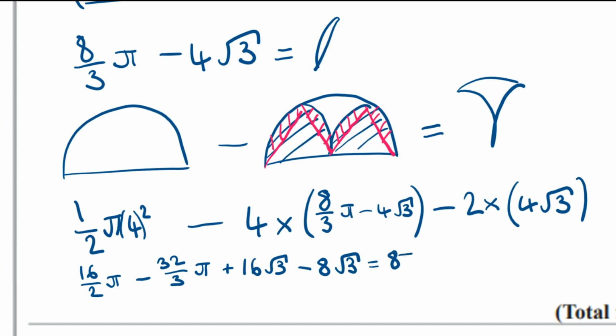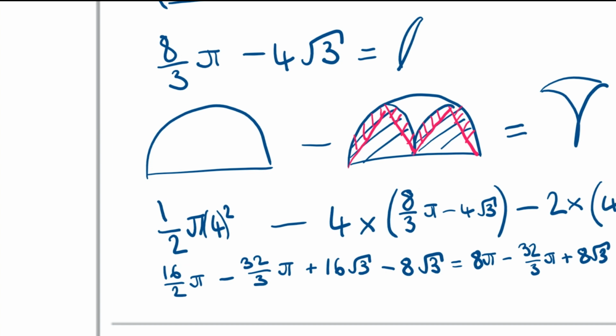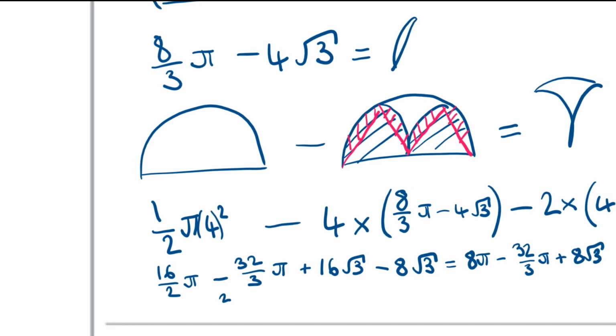This is equal to 8 pi minus 32 over 3 pi plus 8 root 3. 8 pi is the same as 24 over 3 pi minus 32 over 3 pi equals minus 8 over 3 pi.